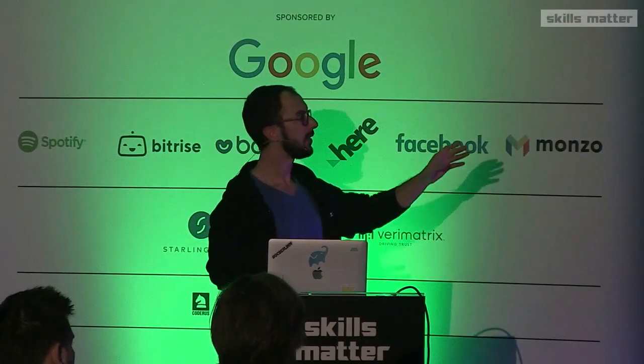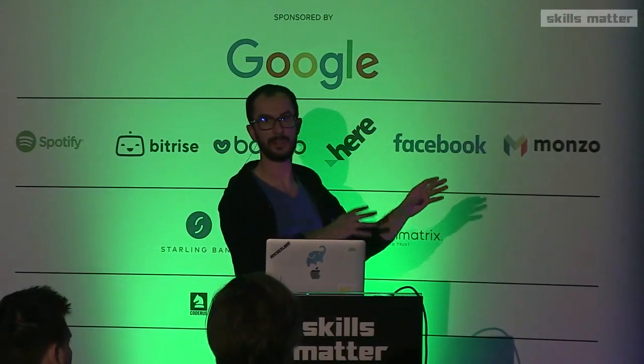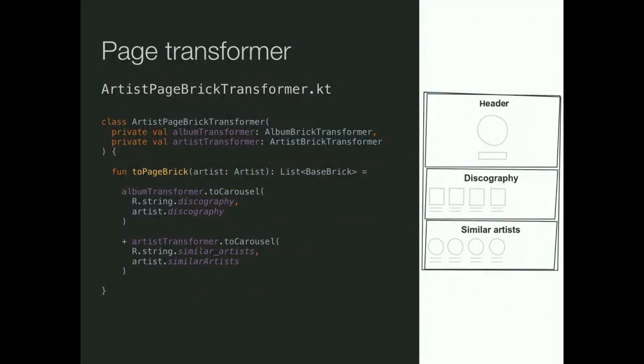That is where you will put everything about the logic of your feature, and this way you can test everything in your feature. For example, if I want to display the discography only for premier users in this application, I can simply do it here.